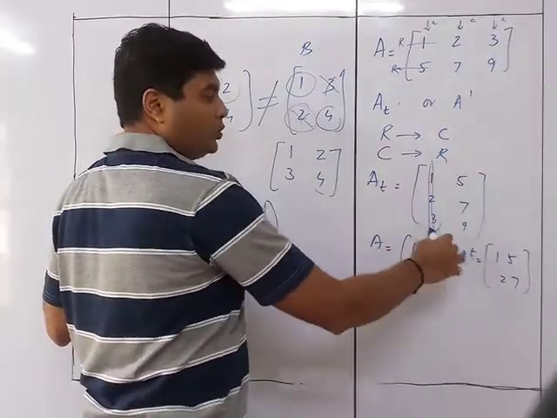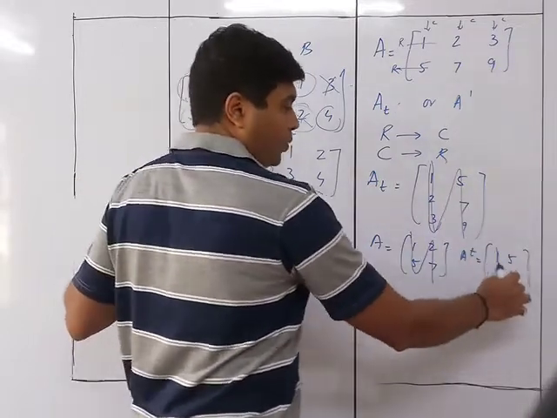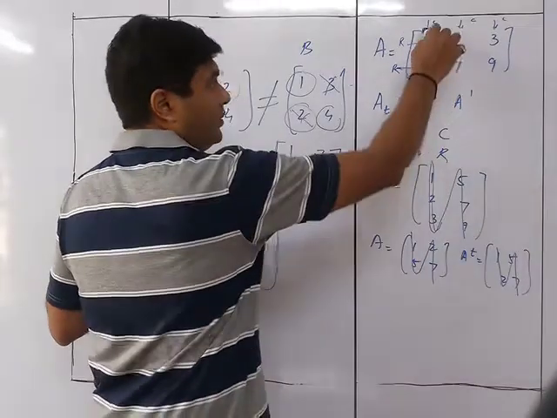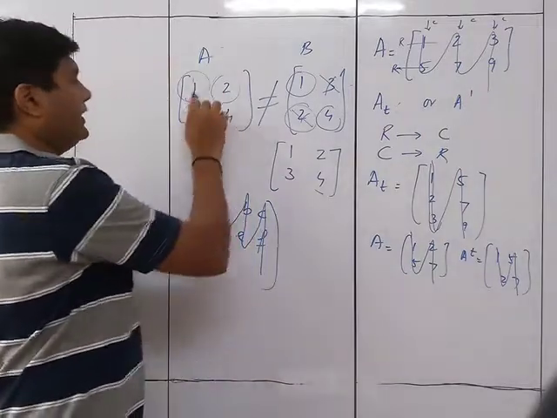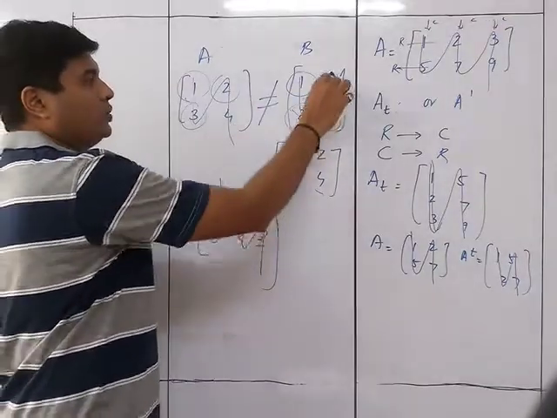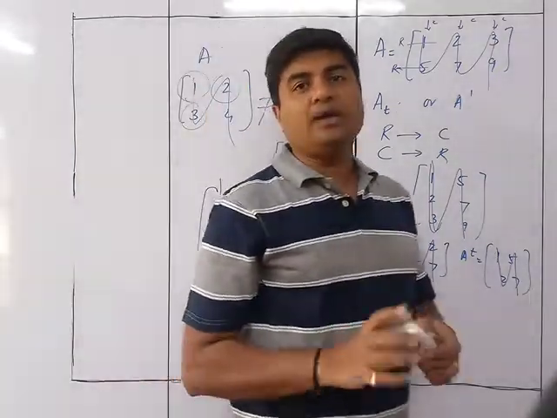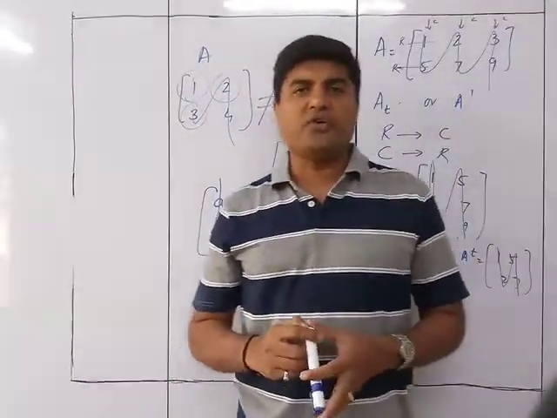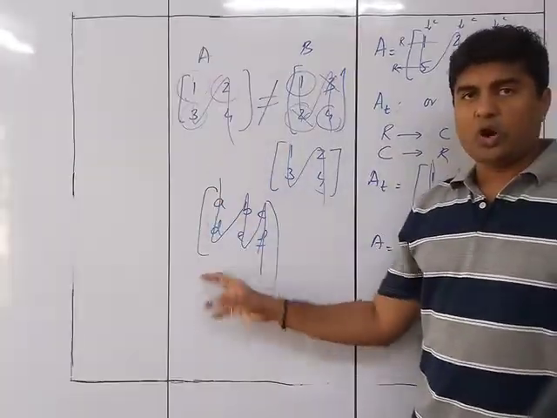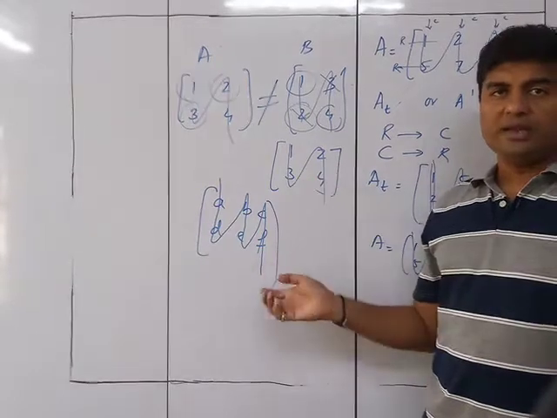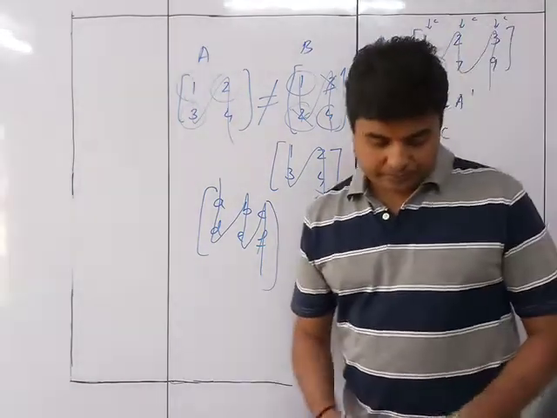So it will be 1 2 3 5 7 9, 1 5 2 7, 1 2 5 7, 1 5 2 7 3 9, 1 3 2 4, 1 2 3 4, 1 3 2 4. In this way, whenever I dictate any kind of matrix, it will be dictated column wise. I am going to read out the values that way. Okay, this is what I am going to follow.